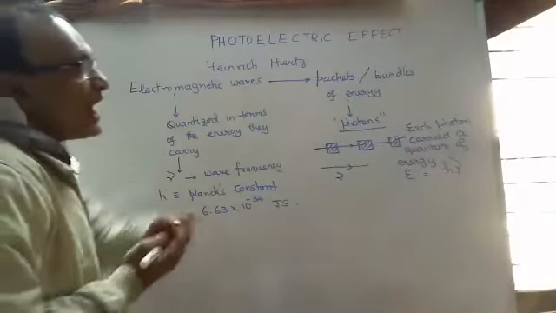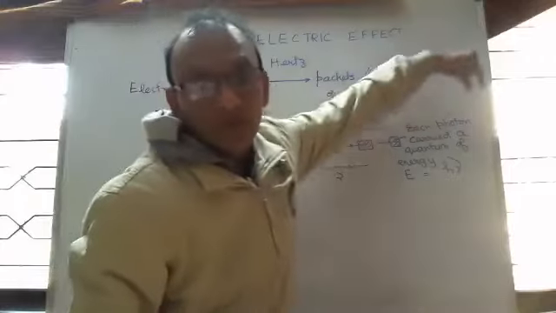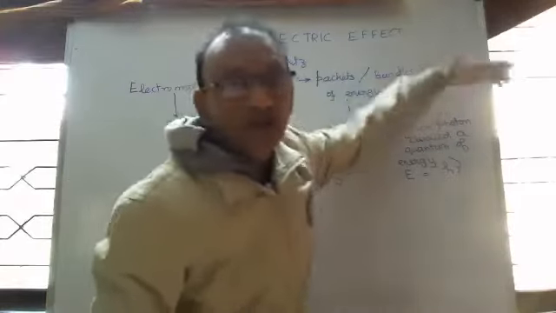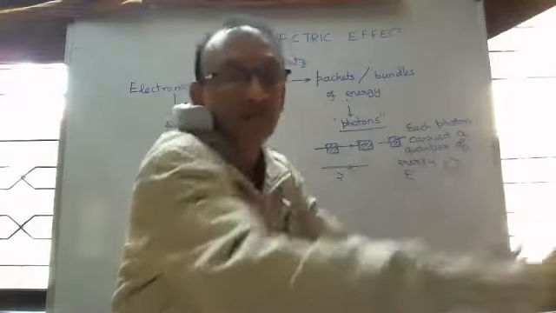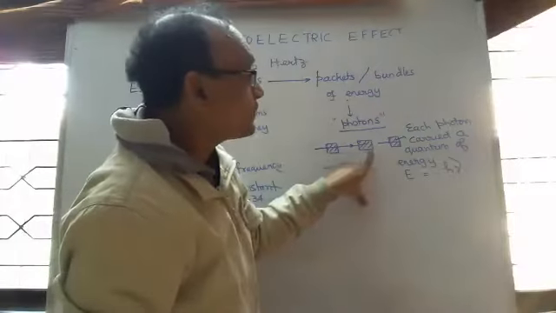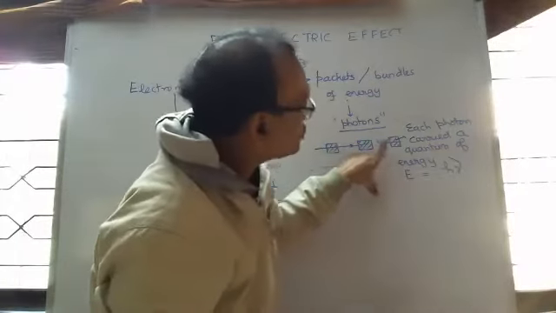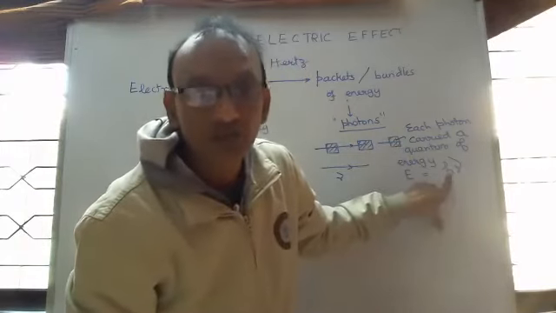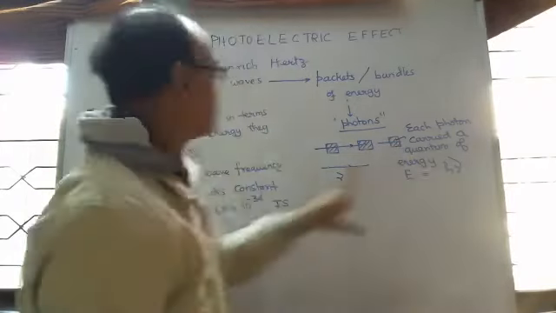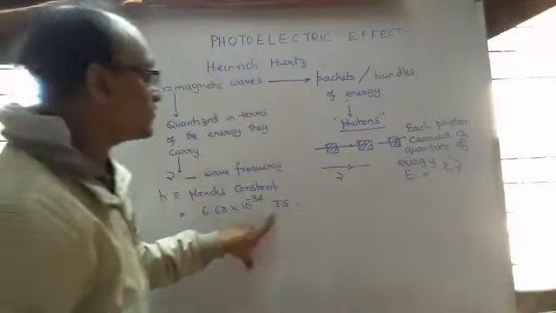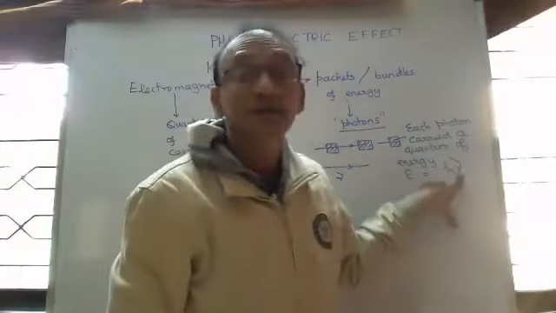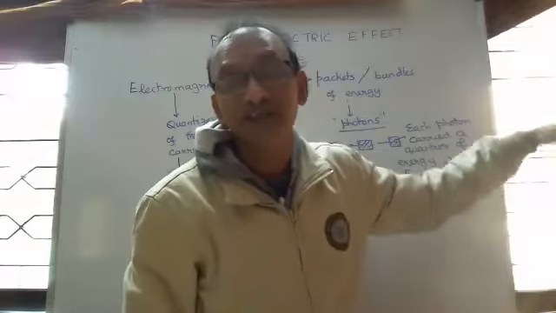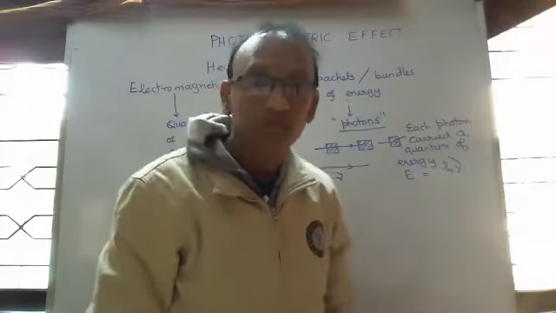So every bundle of energy carried by an electromagnetic wave is a photon, and the amount of energy in each bundle is going to be E equal to h nu. H is Planck's constant, whose value is 6.63 into 10 to the power minus 34 joule seconds. Nu is the frequency of the wave that is carrying these bundles.